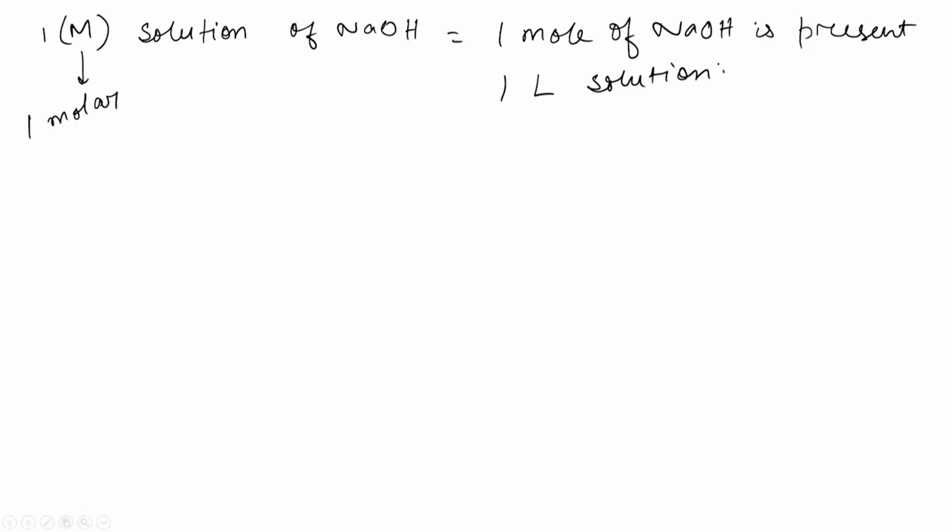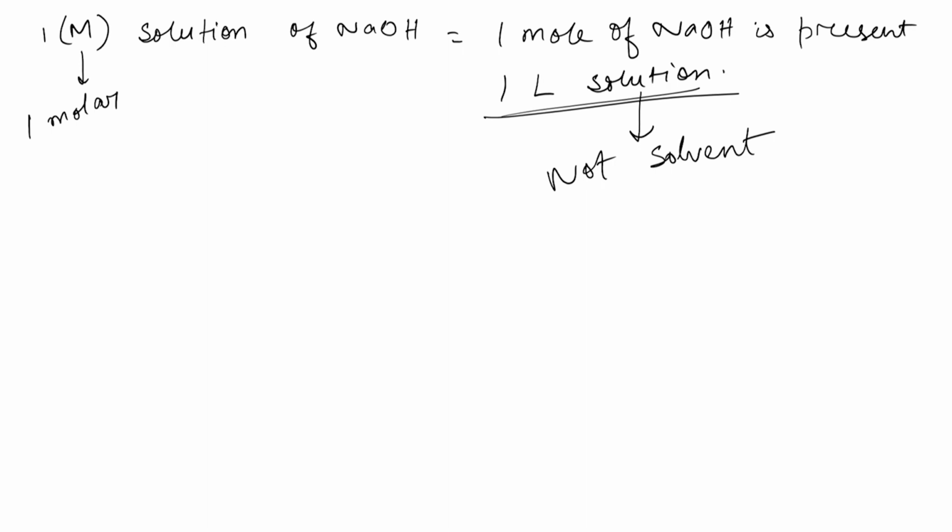It's very important to remember that the 1 liter we are talking about is solution, not solvent. 1 mole of sodium hydroxide is present in 1 liter of the sodium hydroxide solution, not in 1 liter of water or any other solvent.